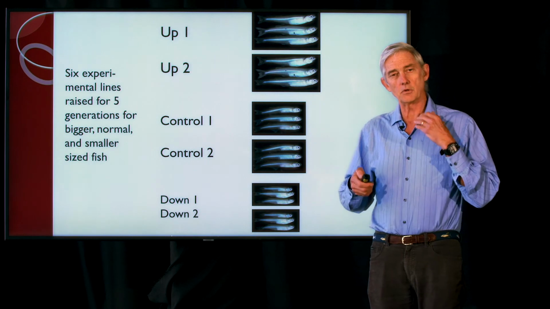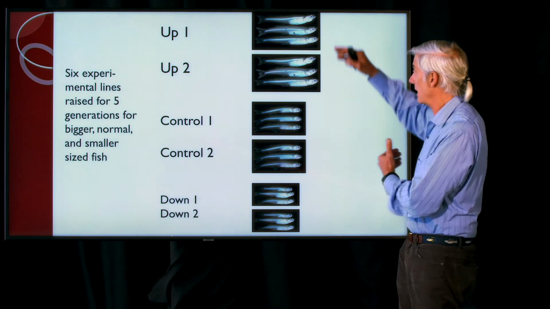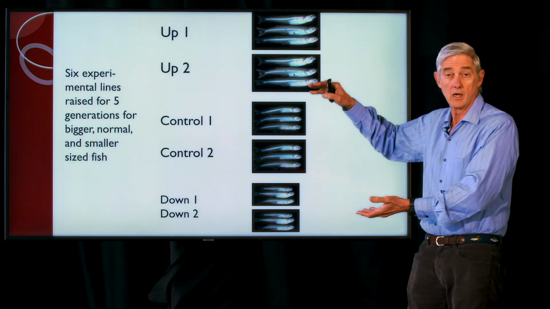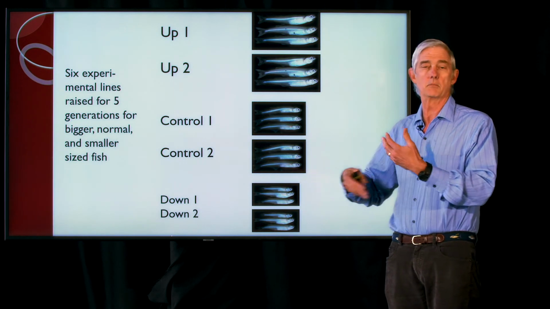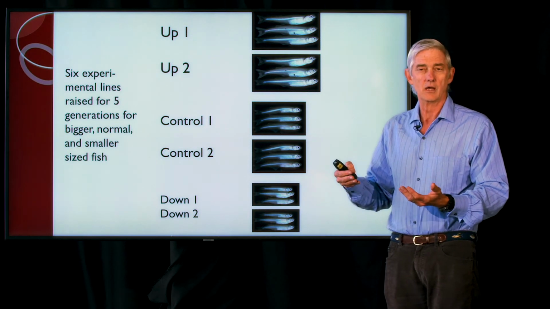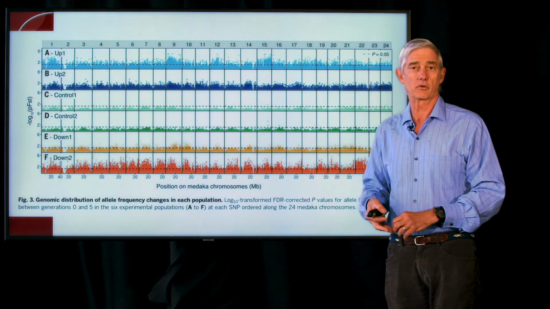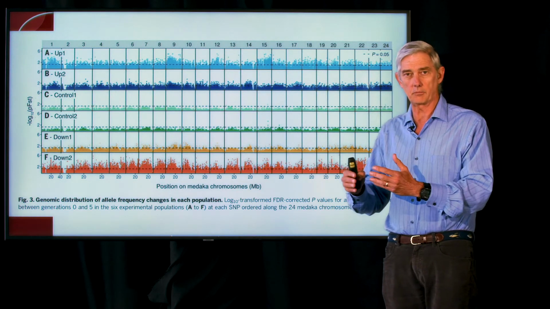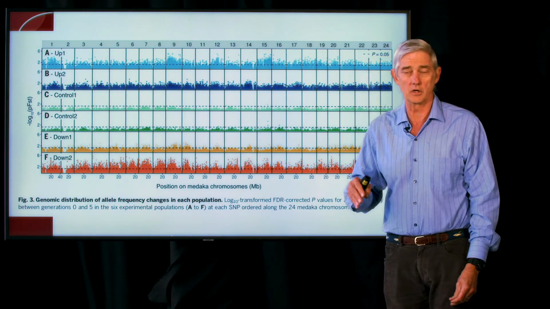What she found was that the genetic changes that occurred in the up lines and the down lines occurred over thousands of genes, which was expected because of the strong influence of selection on them, but that there were other parts of the chromosomes that seemed to be hotspots of adaptation during this evolutionary process.